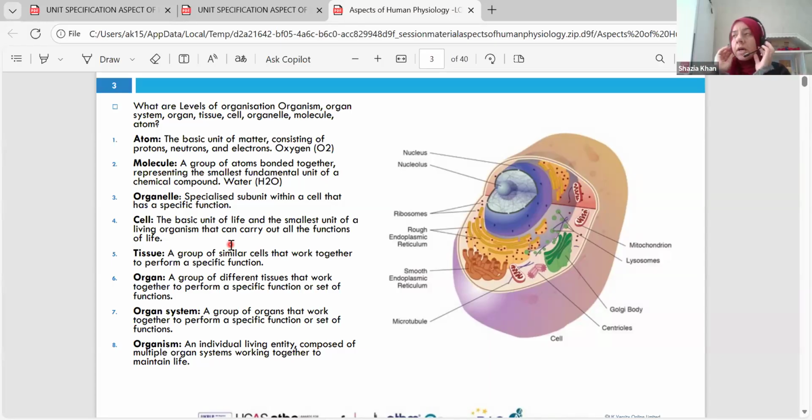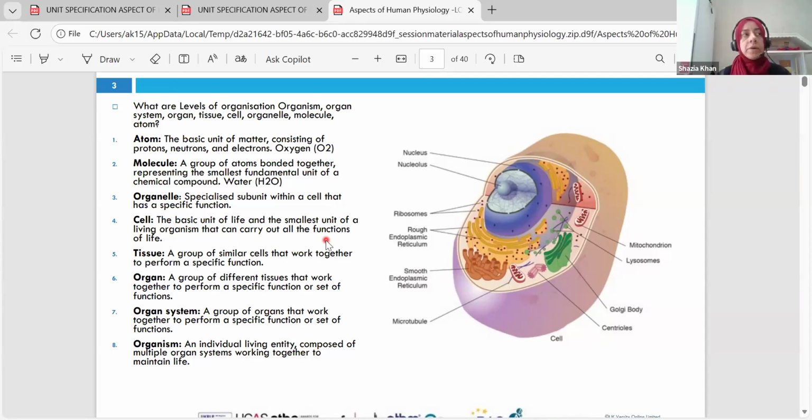For instance, your brain is controlling several body functions, like the eye, the heart, the muscle.